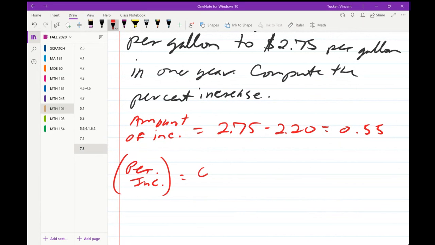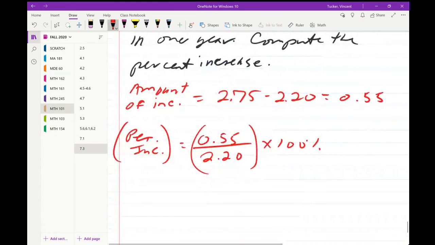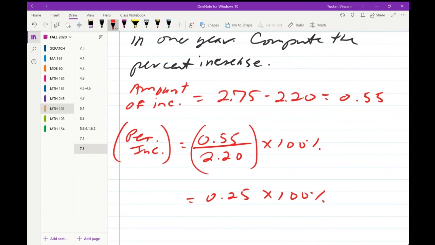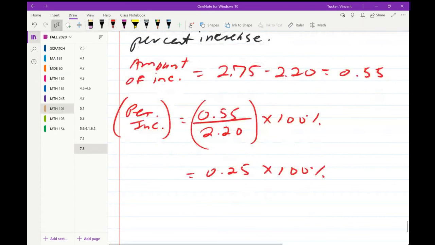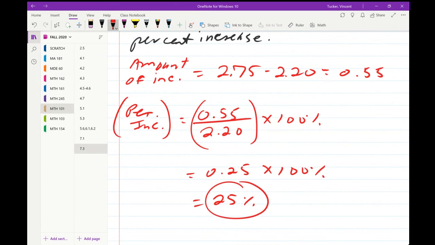So the percent increase is going to be 0.55 over the original amount, which was 2.20, times 100%. 0.55 divided by 2.20 is 0.25, and then 0.25 times that 100% is 25%.